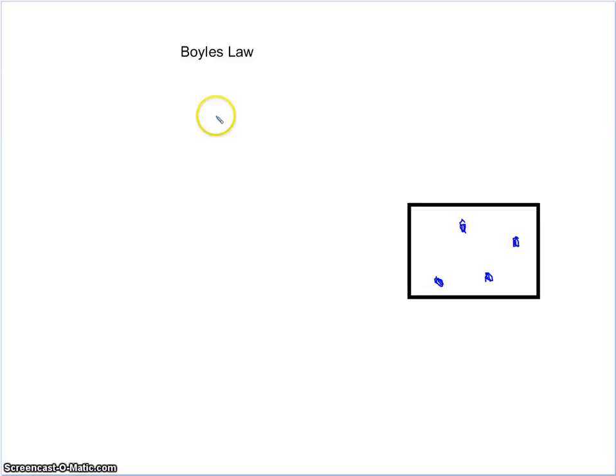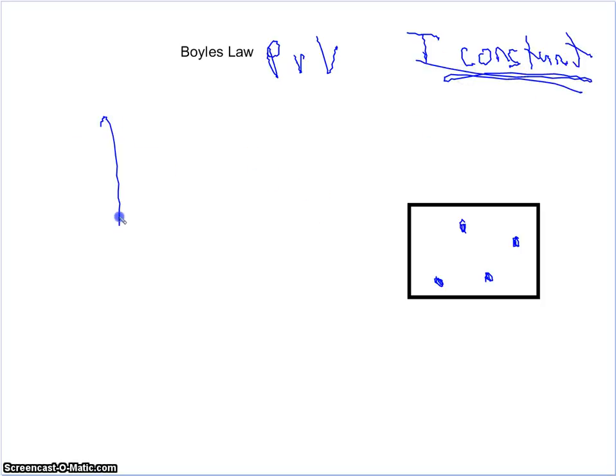Now we're getting to the gas laws. Boyle's law is about pressure versus volume, assuming that temperature is constant. If temperature is not constant, it doesn't work. If you graph pressure versus volume, you get a predictable shape, a hyperbola. What it shows is that as volume goes up, pressure goes down. Let's say we have a box with 4 gas particles in it.